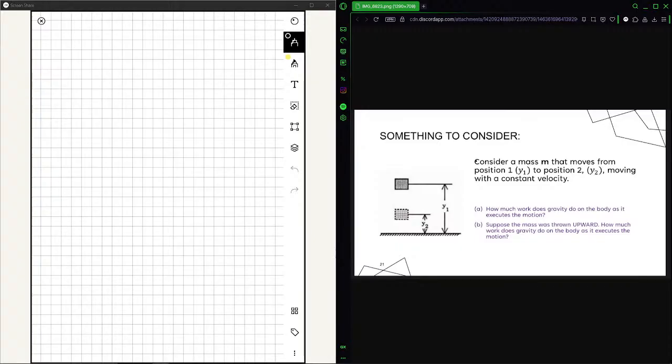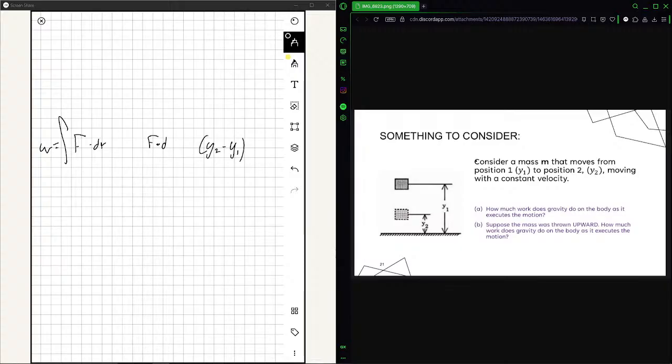For this question, work is the integral of F dot dr. It's just force times distance, right? The object moves from y1 to y2, so the distance is y2 minus y1. That's a negative value.